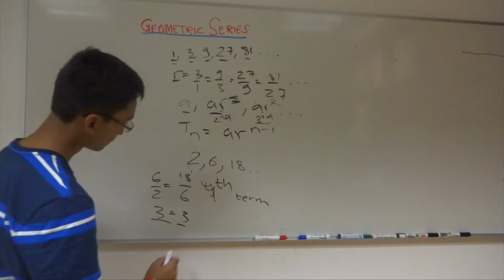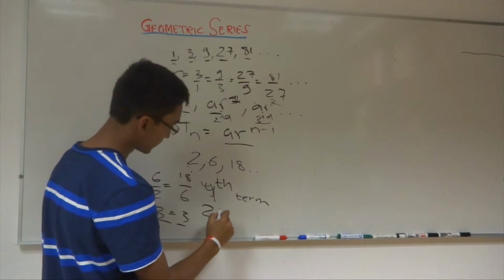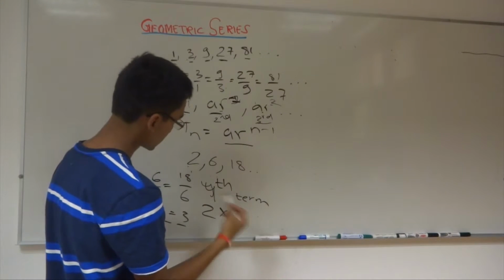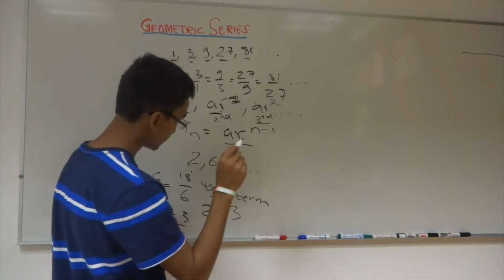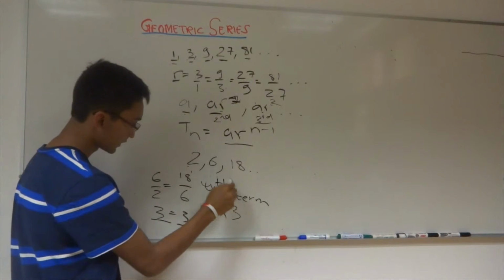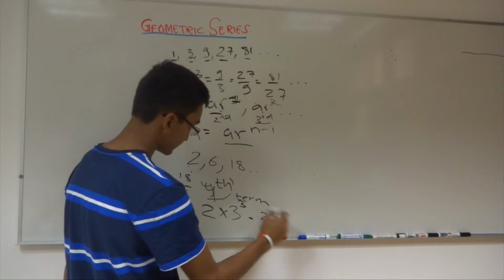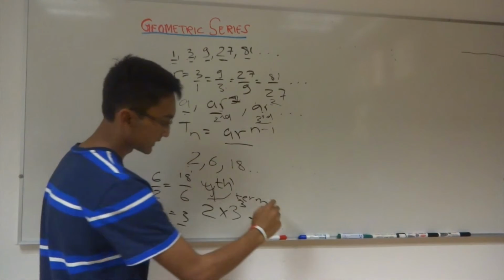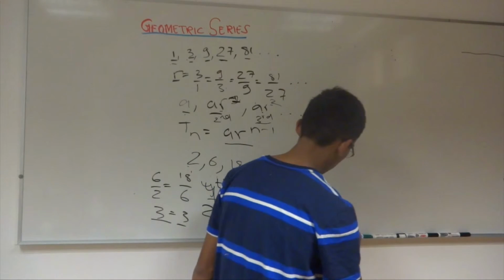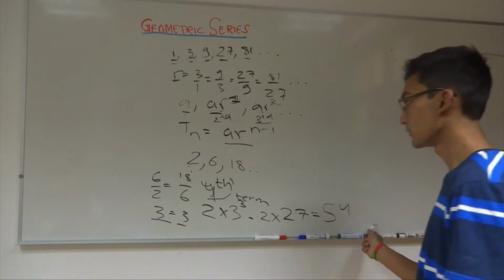What we do, using this formula, is first term 2 times r, which is 3, to the power of n minus 1, where n is 4, so minus 1 would give me 3. 2 times 3 to the power of 3 is 2 times 27, which is 54. So we see that the answer is 54. The fourth term would be 54.